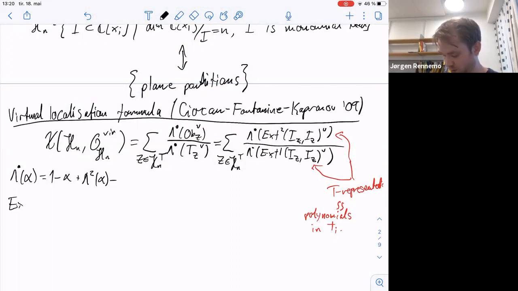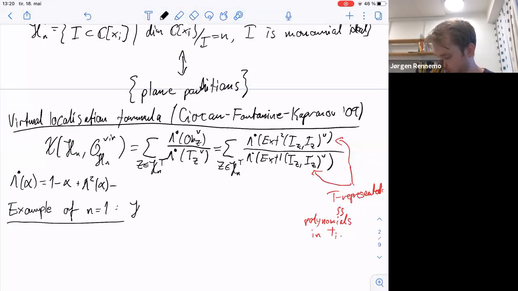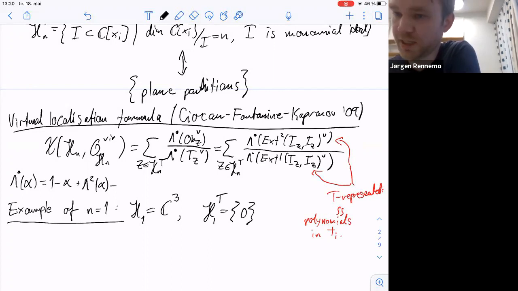So I kind of want to do the n equals 1 case, just to see what sort of computations go into this. So H1, the Hilbert scheme of 1 point, is just C3, and the T fixed points here, the origin is the unique fixed point.